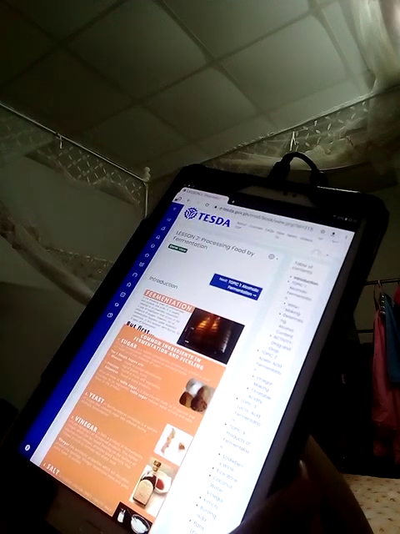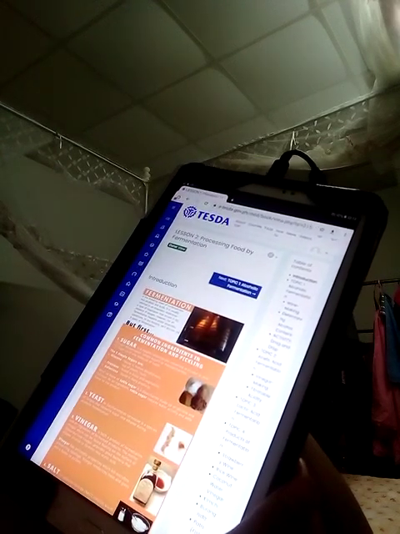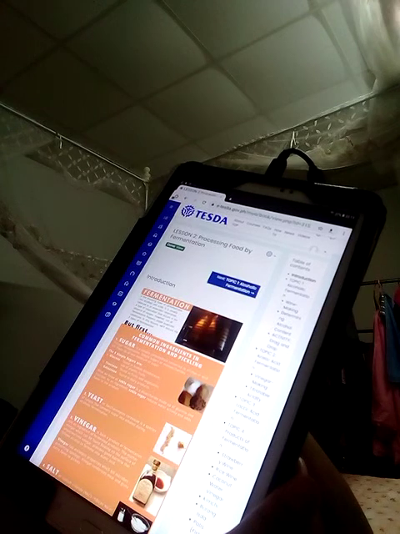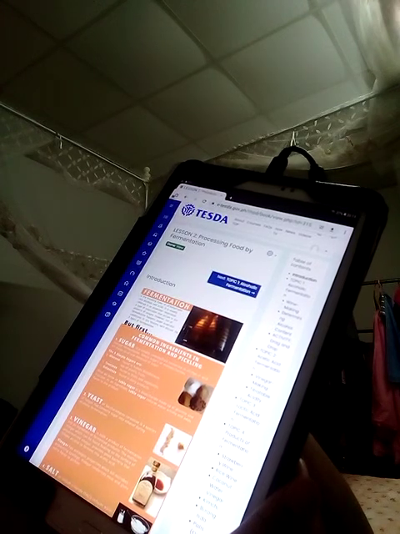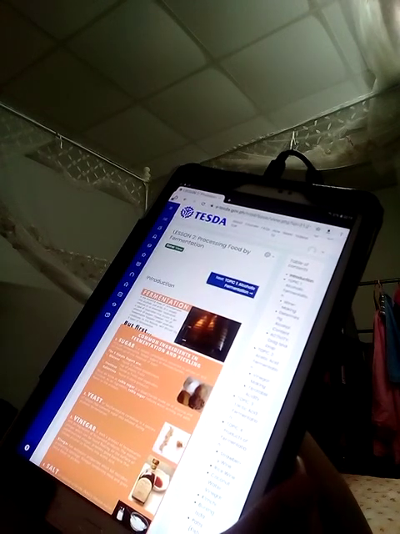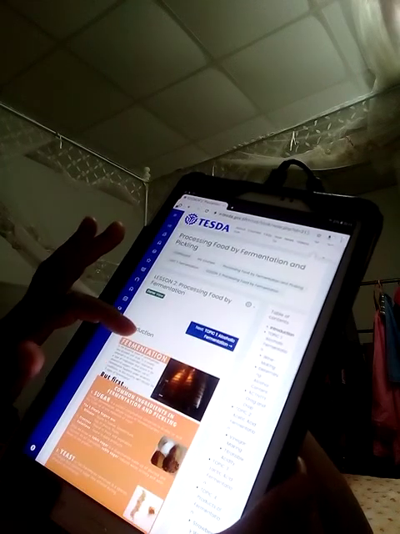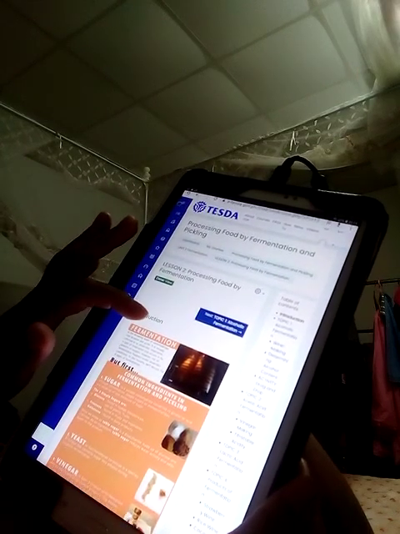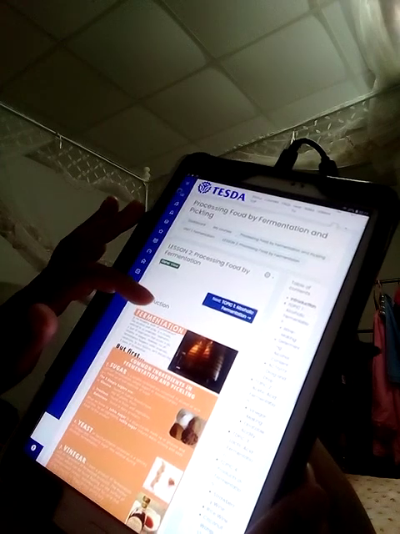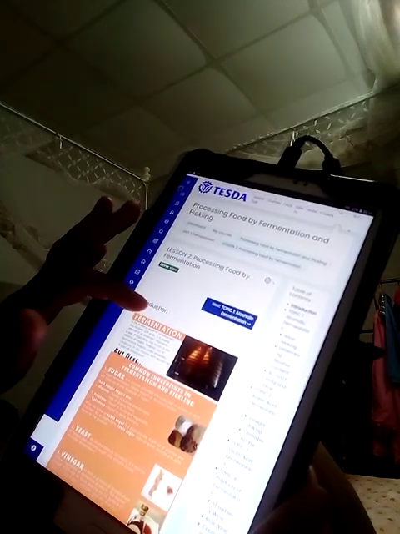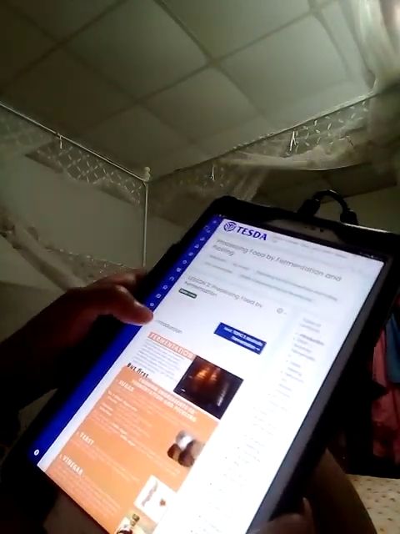We are on processing food by fermentation and pickling. We are in lesson 2, unit 1, fermentation, processing food by fermentation.